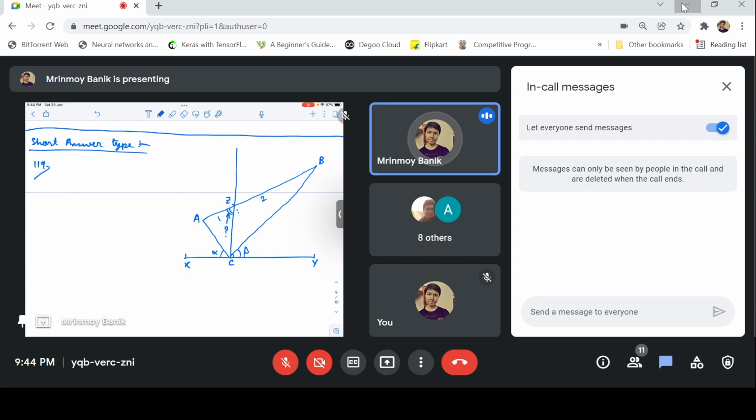The last one are some sets of inequalities. Show that sin A by 2 sin B by 2 sin C by 2 is less than or equal to 1 by 8.